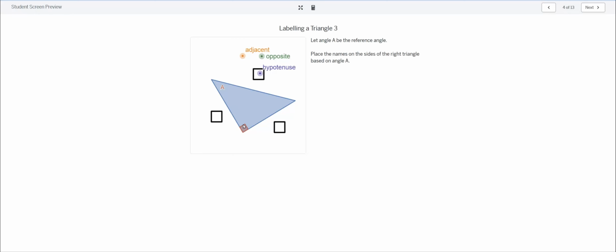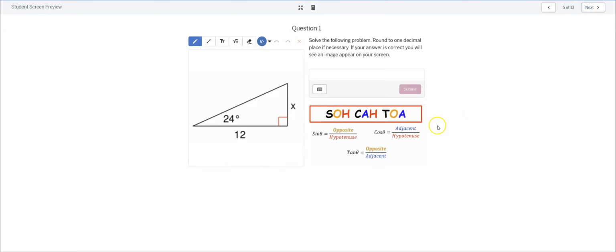Look at it and identify where the right angle is. So the adjacent side is the side next to my reference angle, and the opposite is the side not touching it. All right, that's a few points on the portfolio is what we just did. So if you can do that, you've got those down. All right, now we're going to solve.